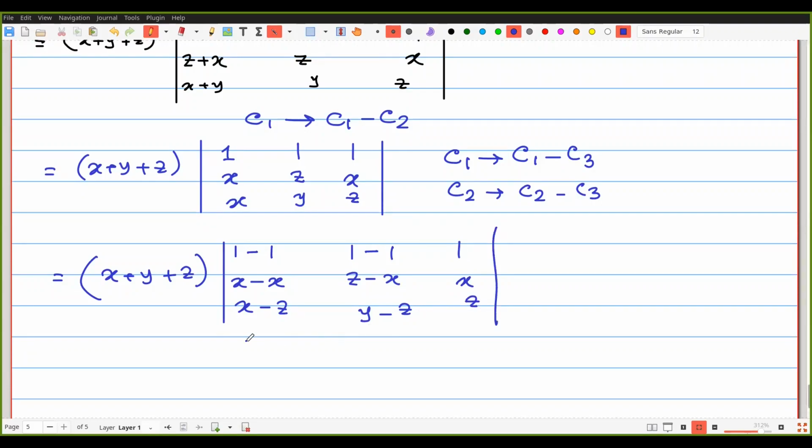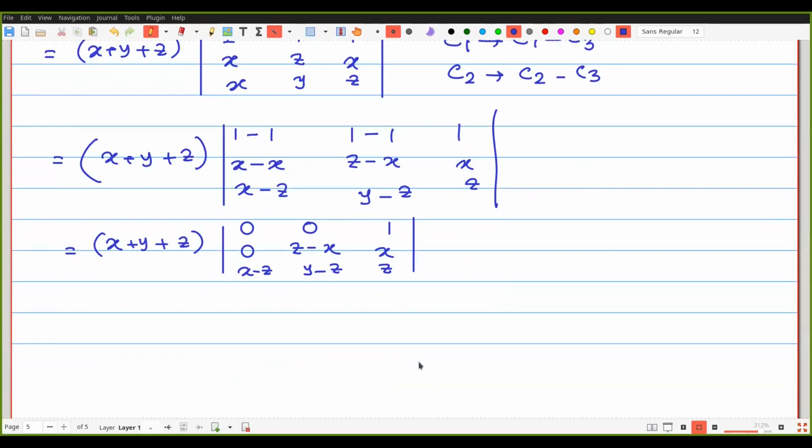No problem. So what is happening? X plus y plus z, that one is becoming 0, 0, 1, 0, z minus x, x, x minus z, y minus z, and z. So at that moment, the expansion is very easy. Very easy.